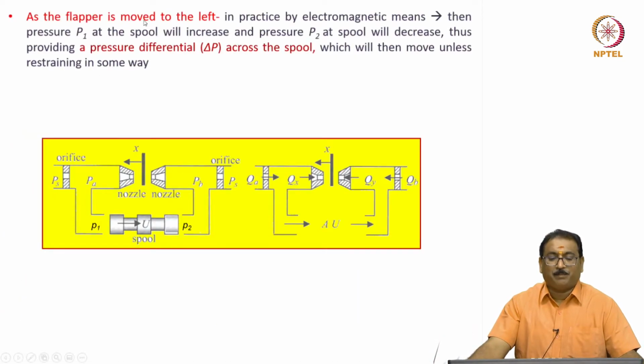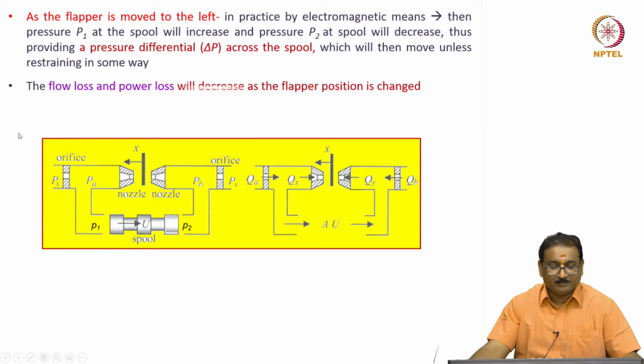So, as the flapper is moved to the left, in practice by electromagnetic means, the pressure P1 at the spool will increase and the pressure P2 at the spool will decrease, thus providing a delta P across the spool valve, which will then move unless restrained in some way.